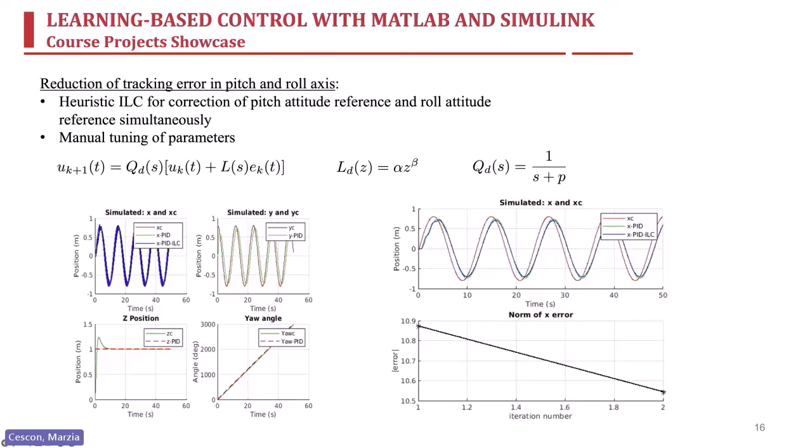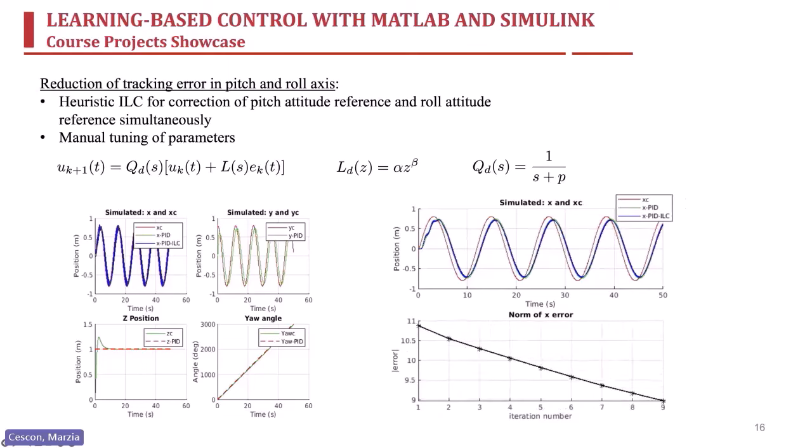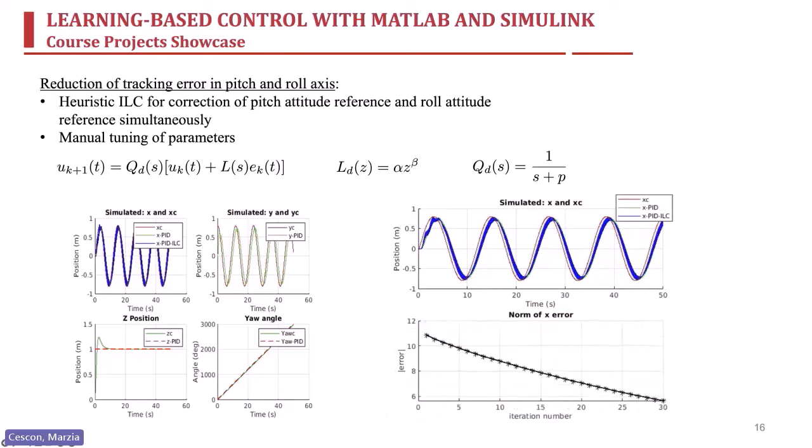In red is the reference, the green is the original PID, and the blue is the tracking that we obtain after execution of the ILC. You see here the animation on the right. As we execute the repetitions, the norm of the error decreases until we reach a reference tracking that we were satisfied with.